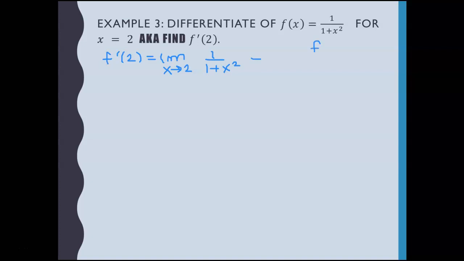So it's helpful to know what f of 2 is. In this case, it's 1/5, all over x minus 2.